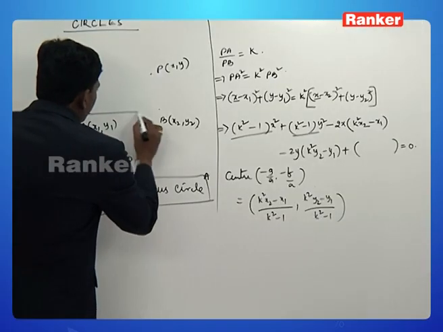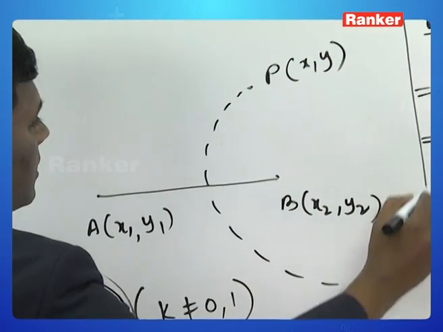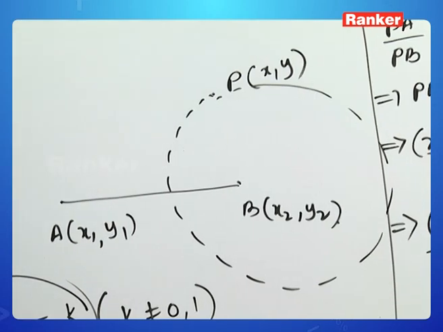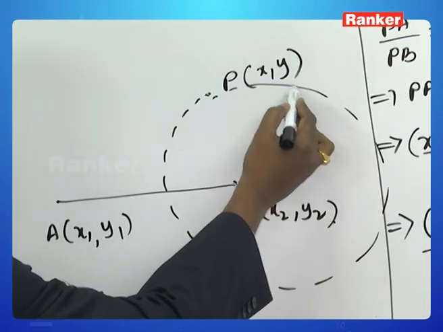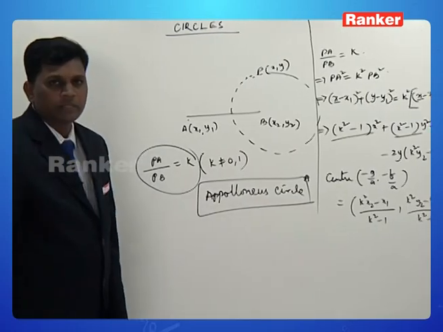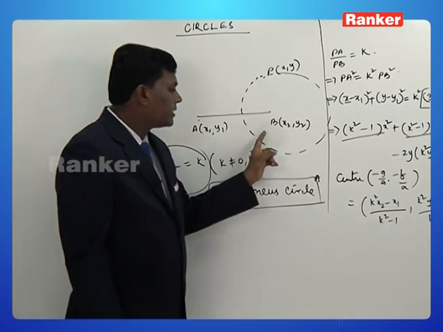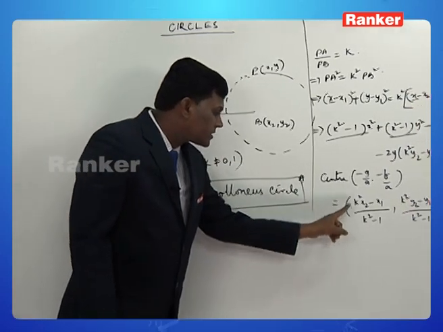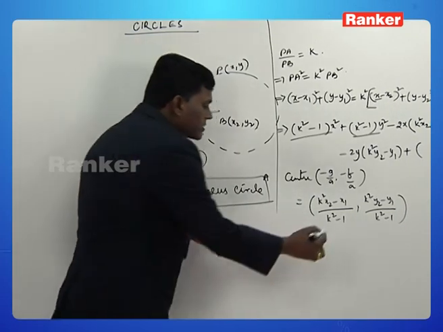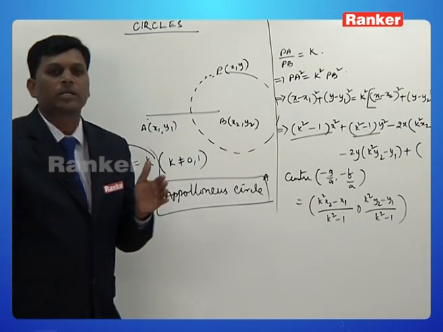If A, B are fixed points like this, the locus of P, if you take it like this, is giving a circle equation. Every point on this circle will satisfy the condition PA by PB equals constant. Not only that, we have to observe another very important fact: its center, if you analyze, is it the external section formula for the points x1, y1 and x2, y2 or not?